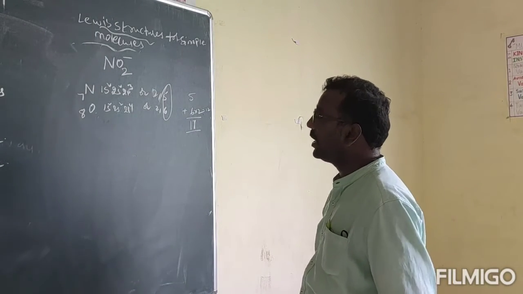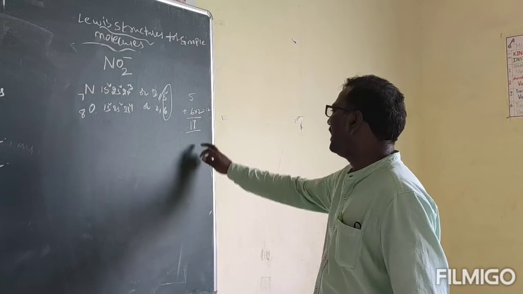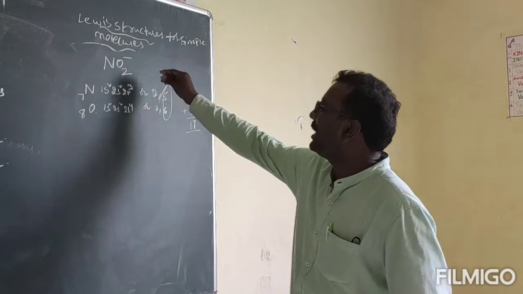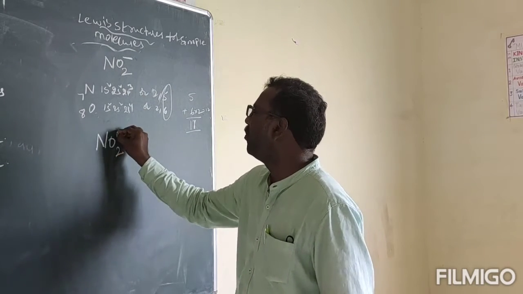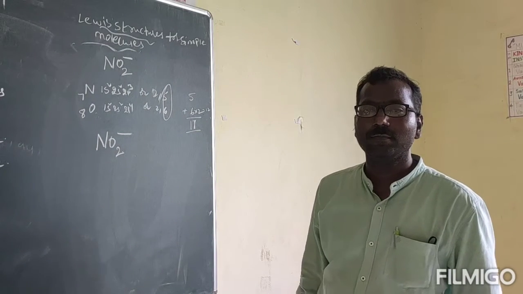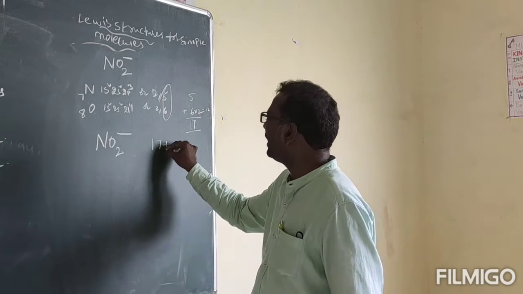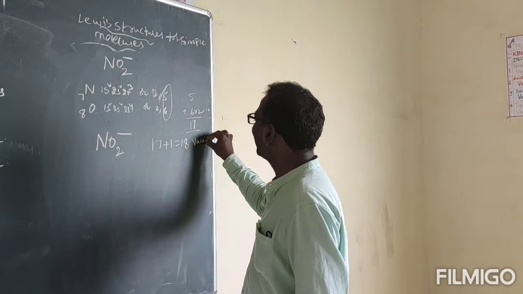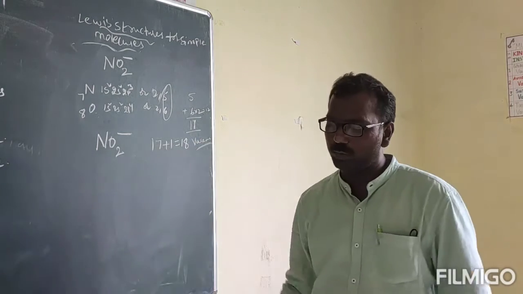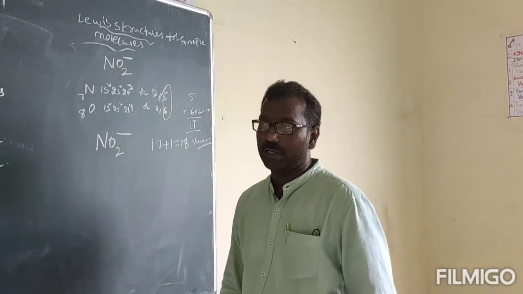Or do you still have any doubts? 17 electrons are there, but here again it is minus, NO2 minus. NO2 minus means what? 17 plus 1, totally 18 valency electrons to be distributed now. How are you going to distribute these 18 electrons?